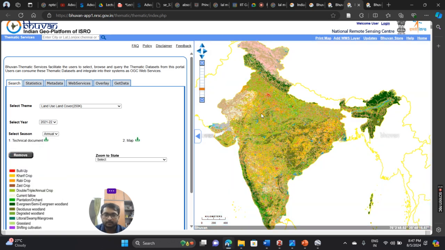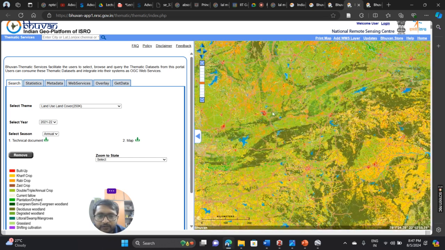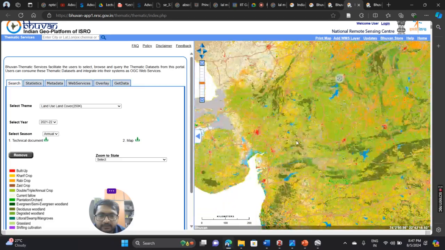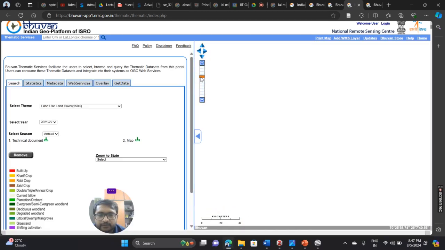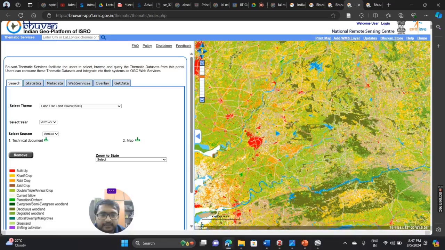So now you can see the map is like this, but for clarity, what we will do is we'll just look over some particular area. So let's say I will see over any of the cities. Let's say we'll take Gandhinagar and Ahmedabad.